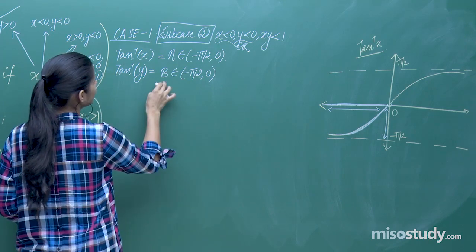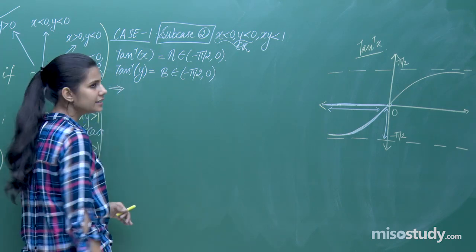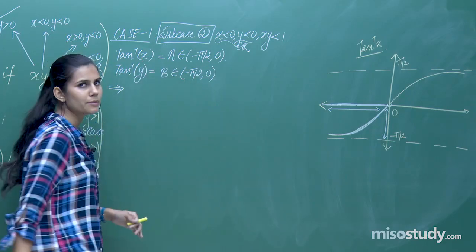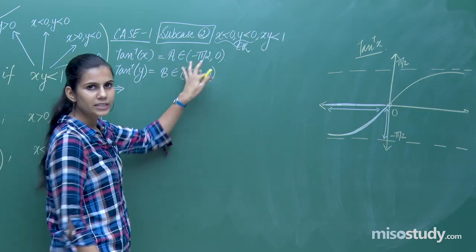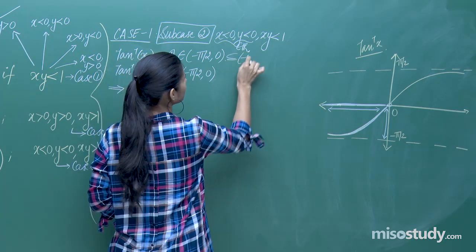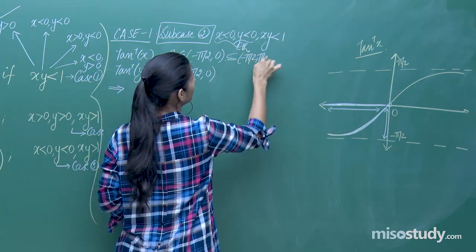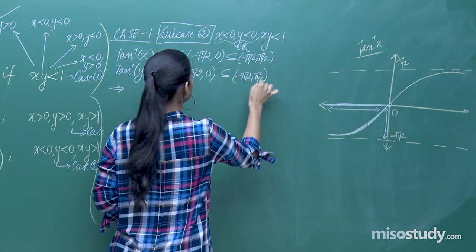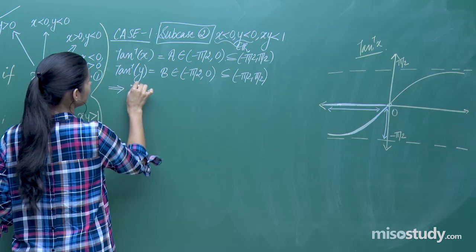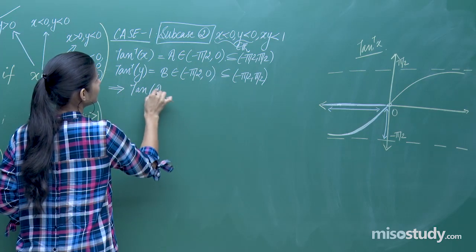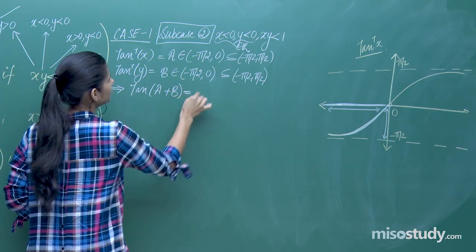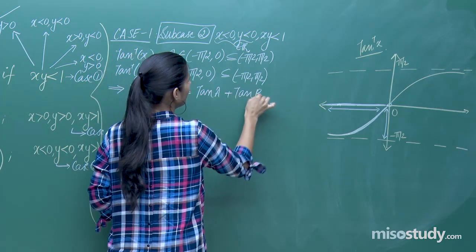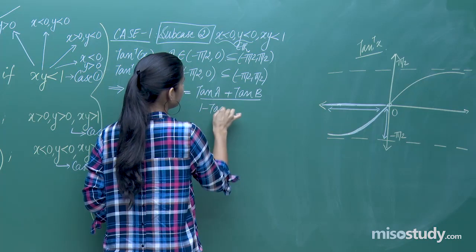Now, we had just recently done that. If tan inverse x is a, where x is a real number and a is coming from minus pi by 2, pi by 2 open interval, in that situation we had done that tan of (a plus b) is equal to (tan a plus tan b) upon (1 minus tan A tan B).